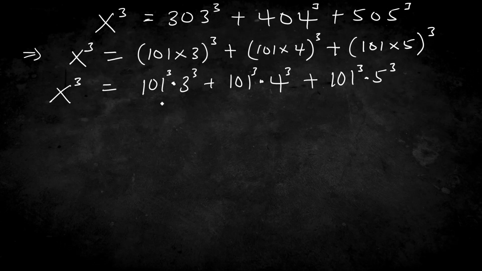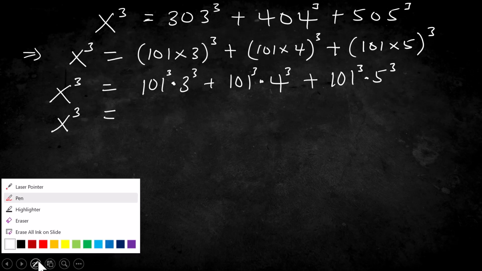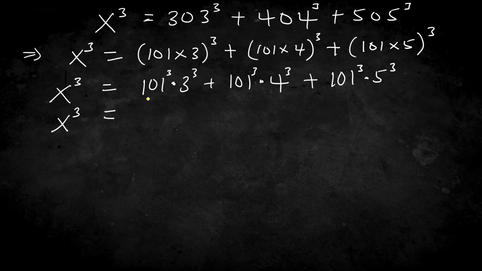All right, so we see something in common here. Guess what is common over there? We have 101 to the power 3, that is 101 cubed. So we are factorizing 101 cubed out.